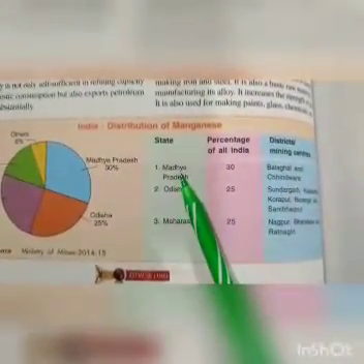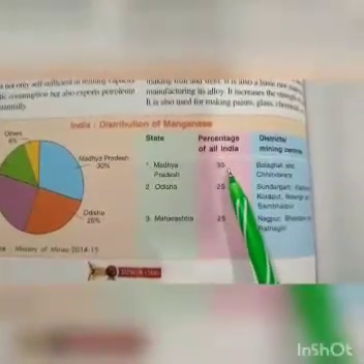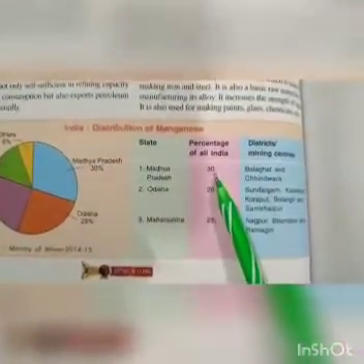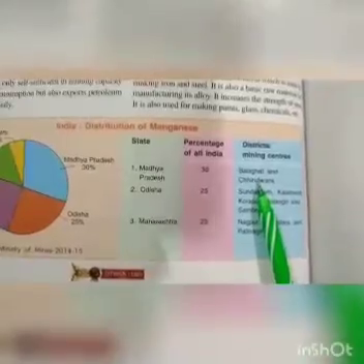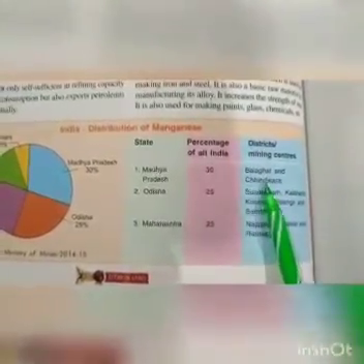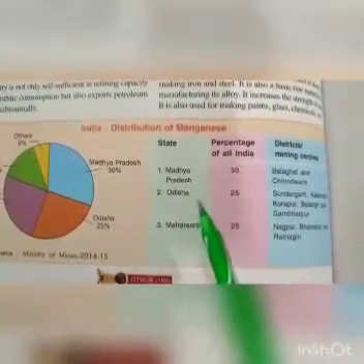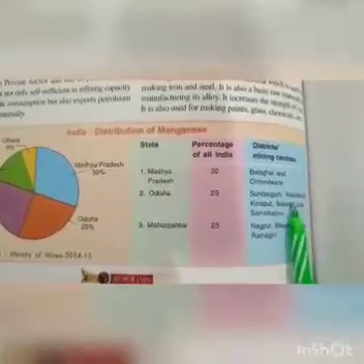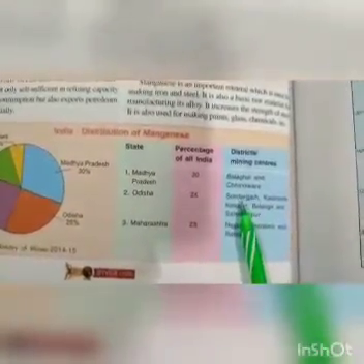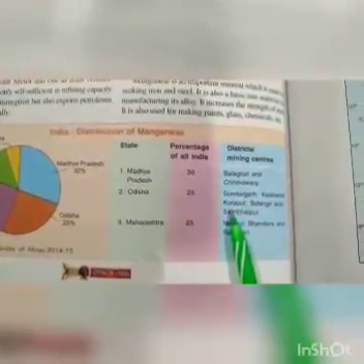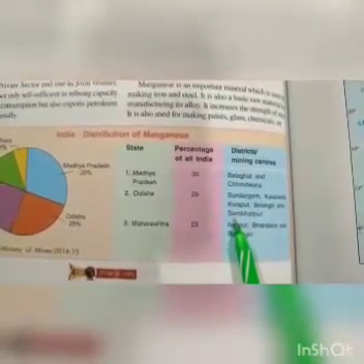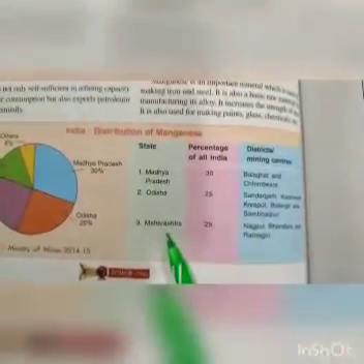Madhya Pradesh is producing 30% of the manganese in India, and the districts where mining is going on are Balaghat and Chhindwara. Odisha is another state with 25% of manganese production, and the districts where mining is going on are Sundargarh, Kalahandi, Koraput, Bolangir, and Sambalpur.